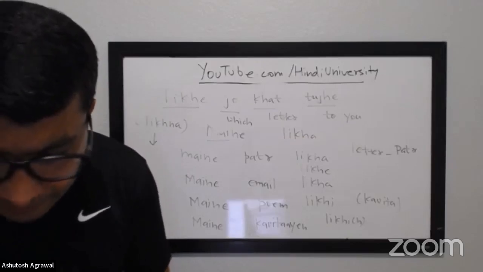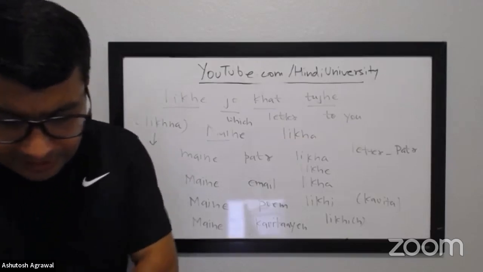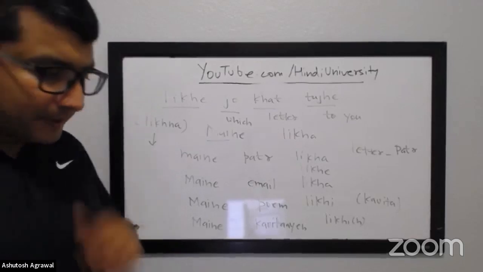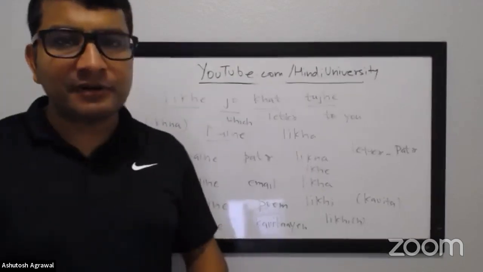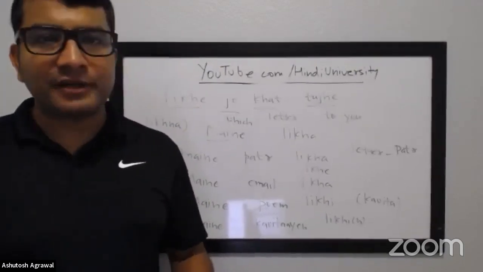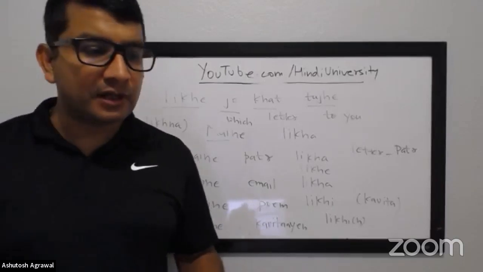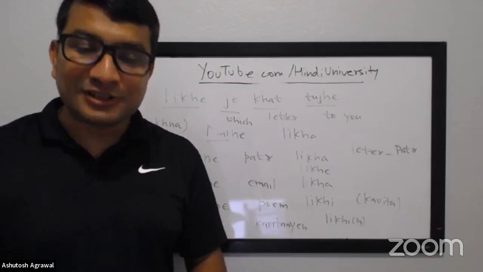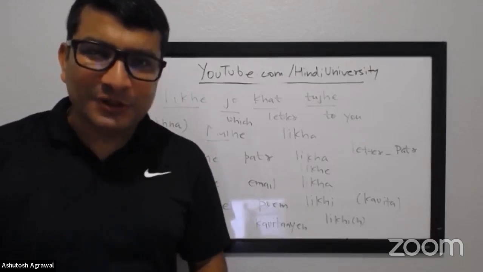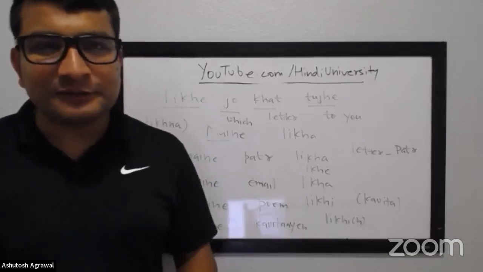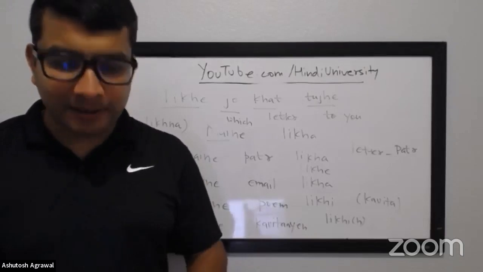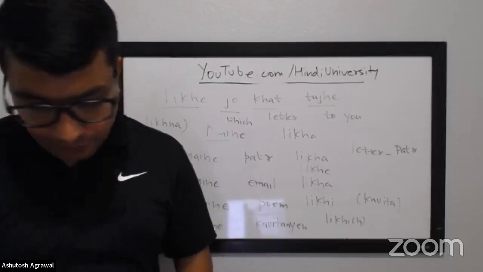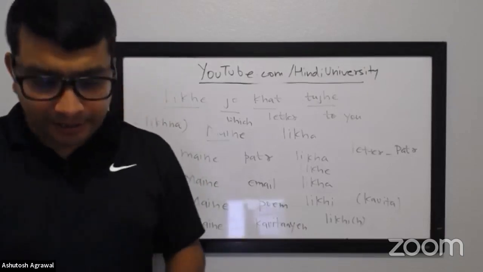It's a long topic. I want to continue in the next class also, because it doesn't end here with transitive and intransitive. It's not as easy. There are verbs which are transitive in English, but not transitive in Hindi. So we want to spend time making sentences for those as well, right?